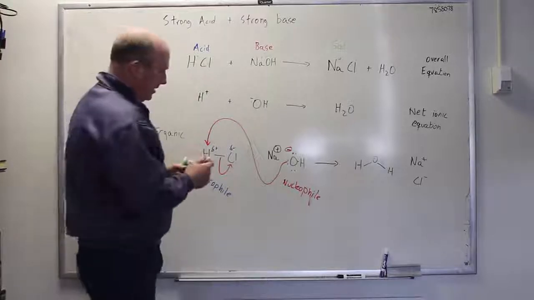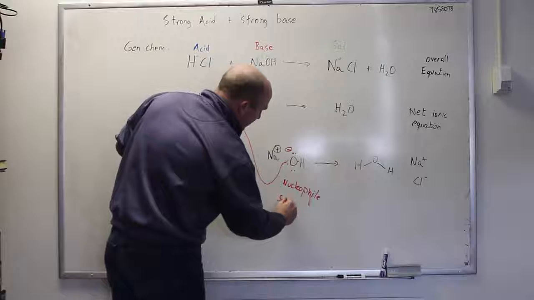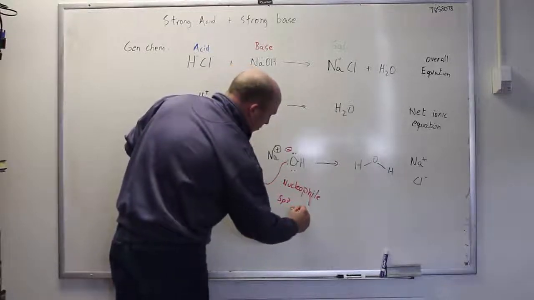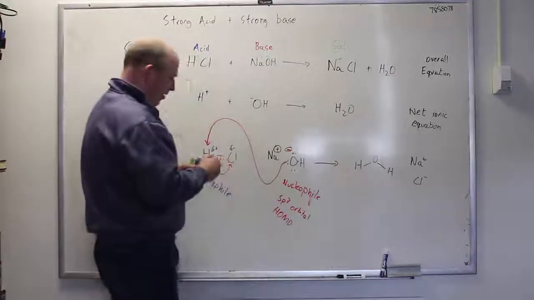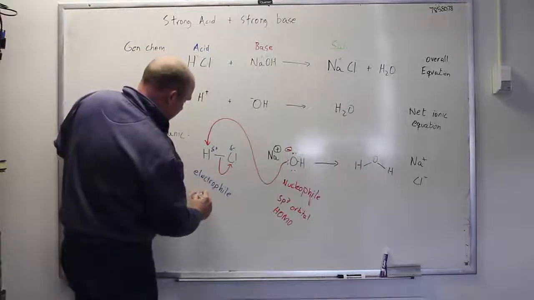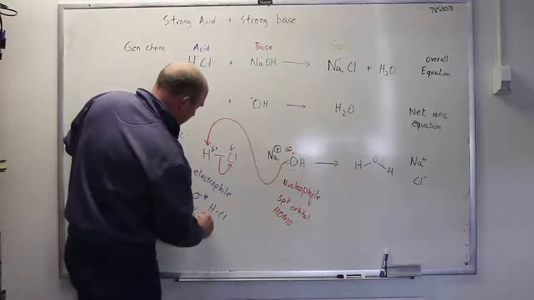Another way of thinking about this is that the highest occupied molecular orbital in the hydroxide, which is an sp3 orbital with a lone pair in it, is the HOMO. The LUMO, on the other hand, is the sigma star HCl bond, the lowest unoccupied molecular orbital.